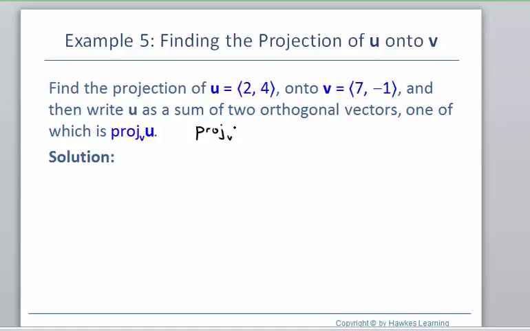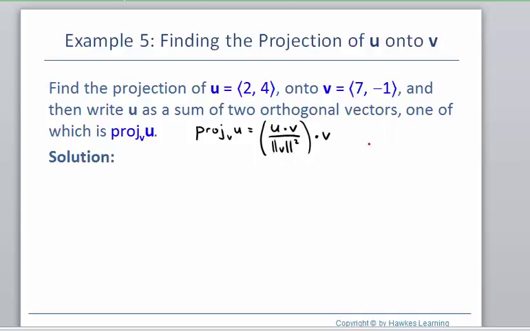Our projection vector is going to be equal to the dot product of u and v over the magnitude of v squared, and we're going to multiply that whole quantity by vector v. Let's start with the top part, where we're doing the dot product of our two vectors.